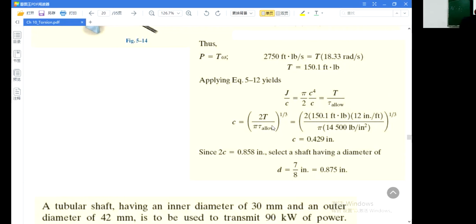T is 150. Change it into inches because it's feet, inch, change the unit. Yes or no? T over the allowable stress.